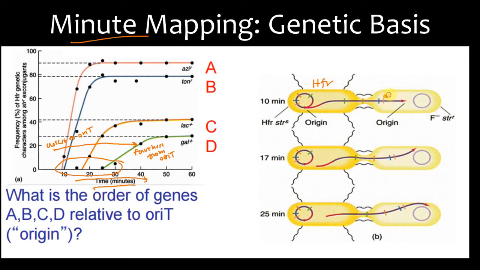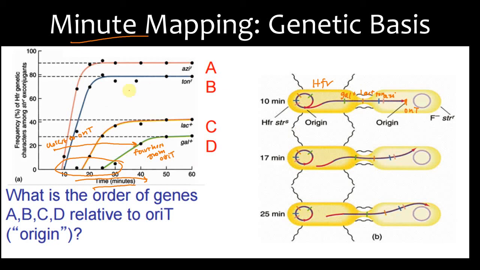So this one is AZI because here's the ORIT, and it's coming first into the recipient cell, so that means it's closest to the ORIT. The next one is B, which is TON. The next one is C, which is LAC, and then the last one is GAL. Okay, so we know the order of the genes that are transferred.